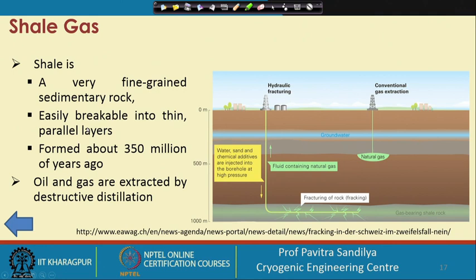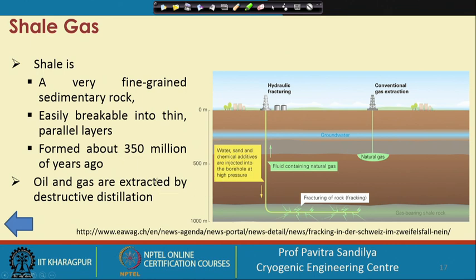That means they are quite friable, brittle, and they can break into thin parallel layers, and they have been formed over a very long time. A few million years have taken place to get this shale formed.